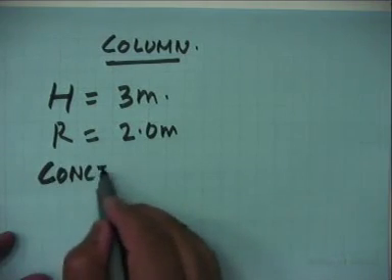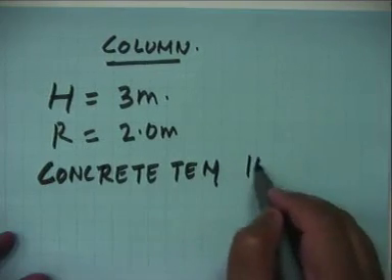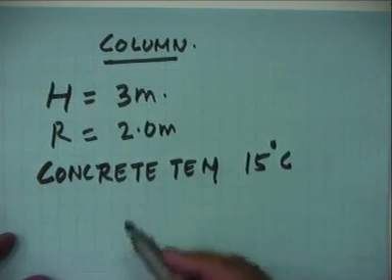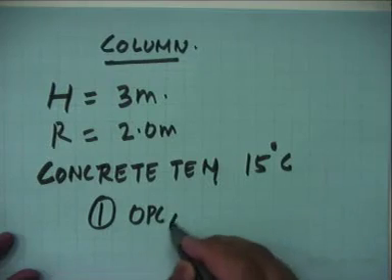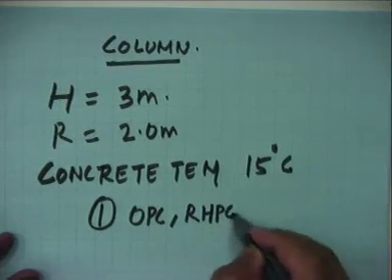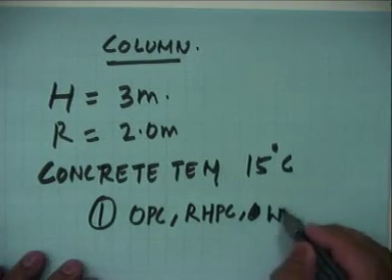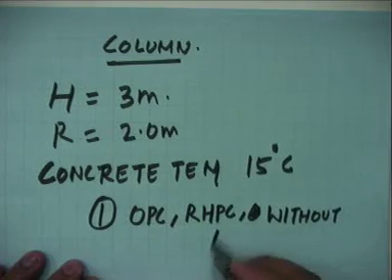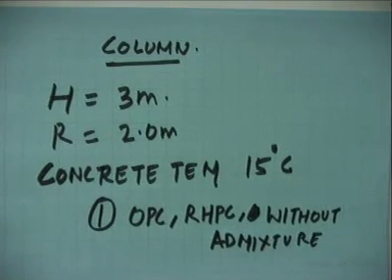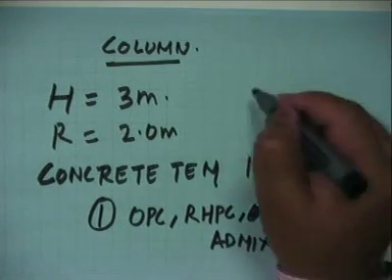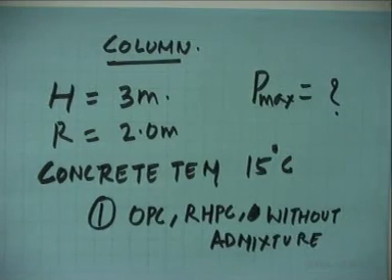Concrete temperature, let us say it is 15 degrees Celsius, right, and let us say it is OPC, RHPC cement, okay, without admixture. Suppose this is the condition, and I have to find out the maximum pressure. Remember, we are trying to calculate maximum pressure, P max.